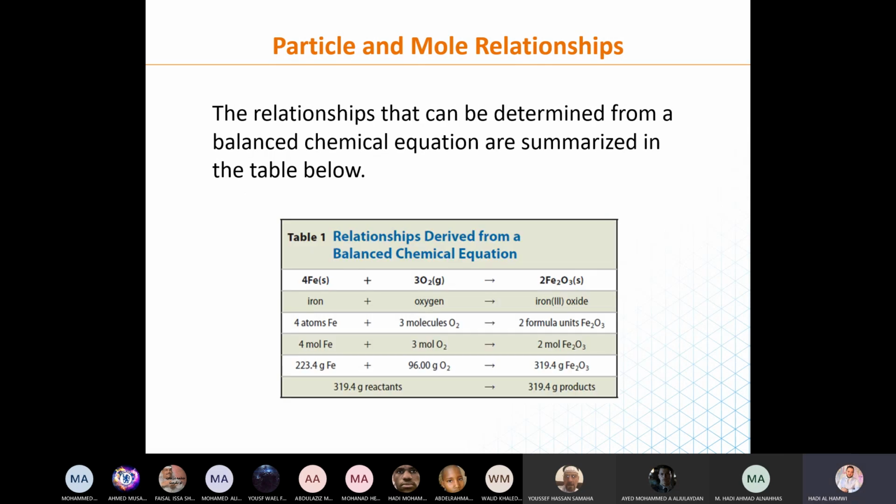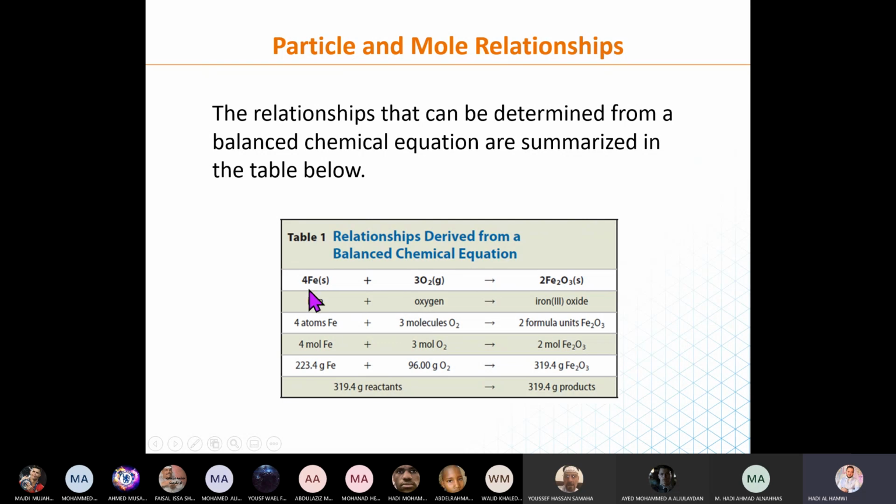The last time we also looked at this example: we have iron and oxygen and iron oxide. Iron and oxygen are the reactants, and iron oxide is the product. Usually the substances found before the arrow are the reactants, and after the arrow they are the products. So we can write it in words like iron plus oxygen gives iron trioxide, or we can relate them according to the coefficients here, 4 and 3 and 2.